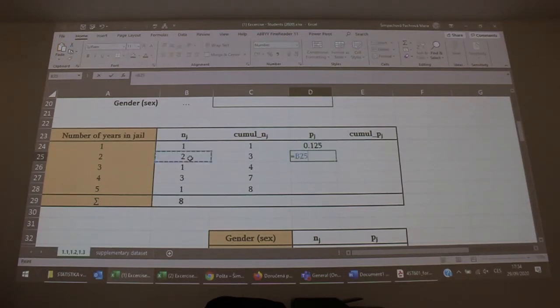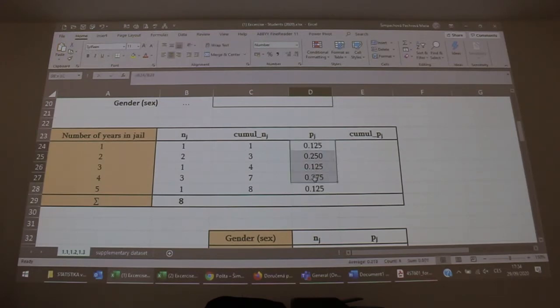Equal sign this value. Please remember, don't divide this cumulation. Absolute frequencies Nj divided by 8. And you can continue. Equal sign this value divided by 8, and equal sign this value divided by 8, and this value divided by 8.